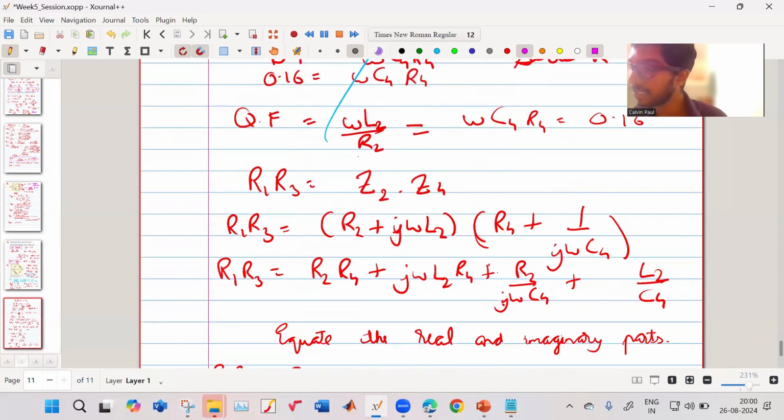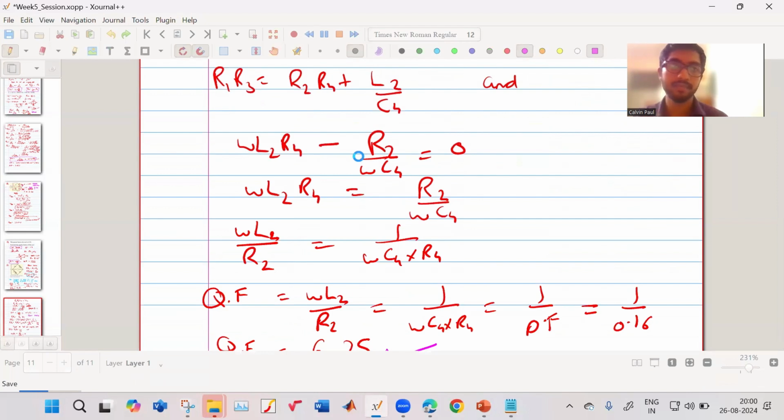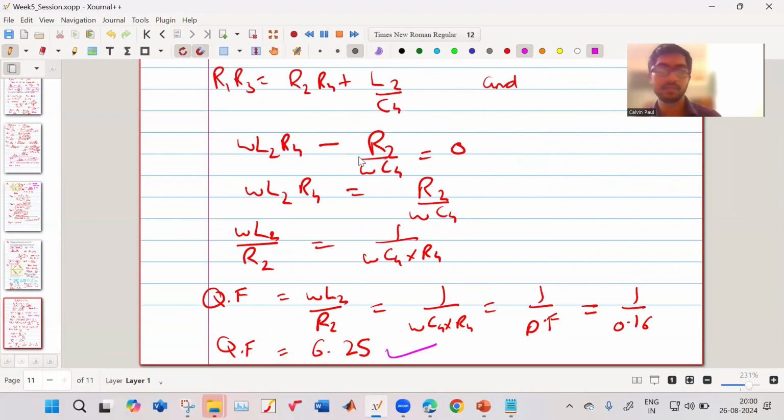We found the balance condition. And then we were able to find the quality factor. Okay, are there any doubts which you have anywhere?